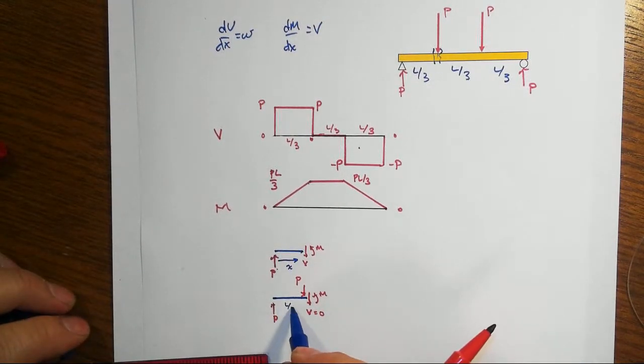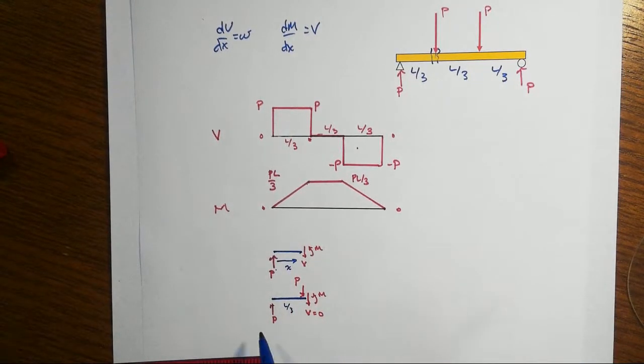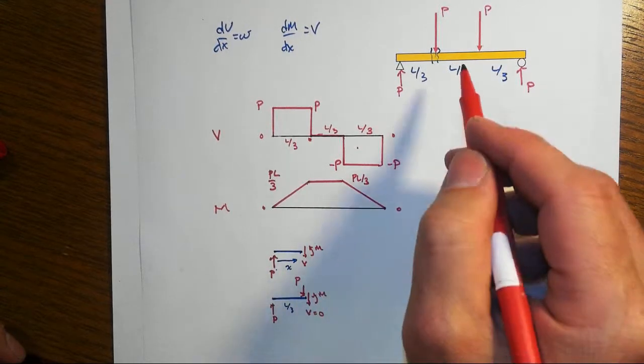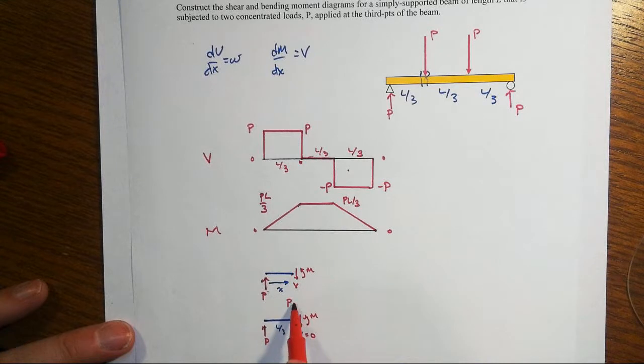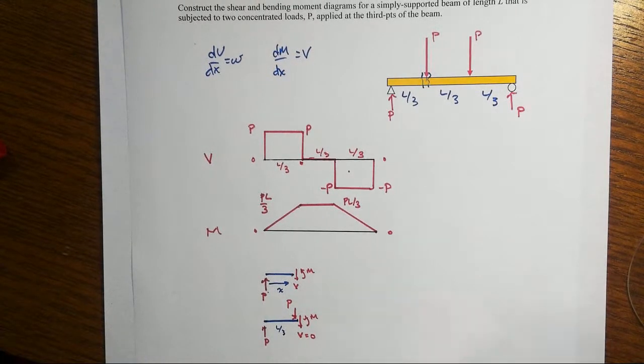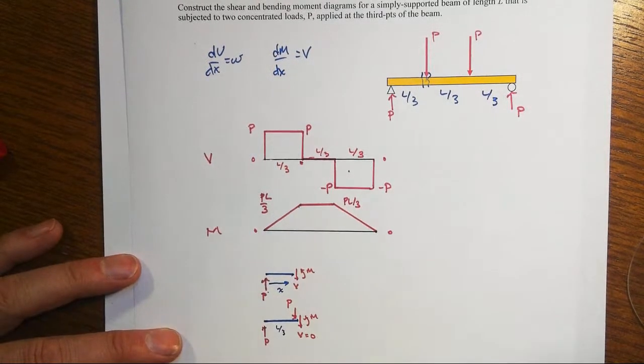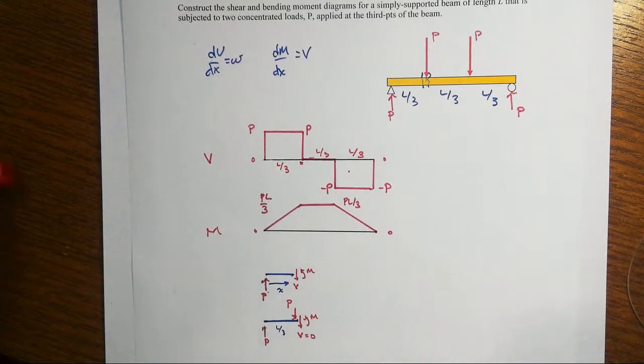It's still PL over 3, because this applied load doesn't have a moment arm just immediately to the right of that. As we walk our way into this section, this load picks up a moment arm, but that's equal and opposite to the moment arm added to the reaction effect. That's why you end up with 0 shear going throughout that whole middle segment.